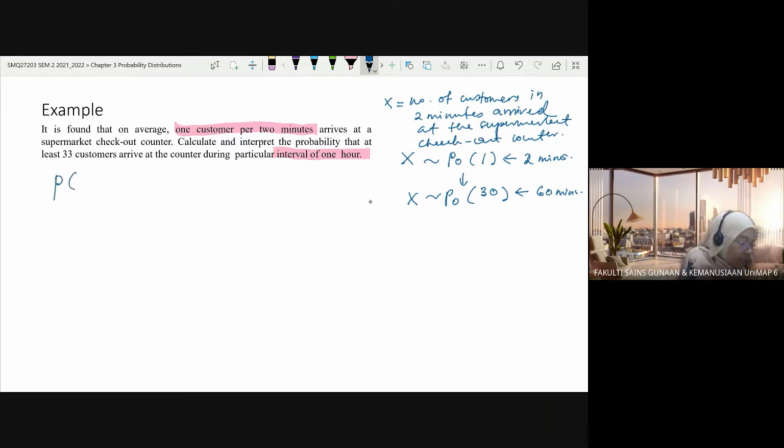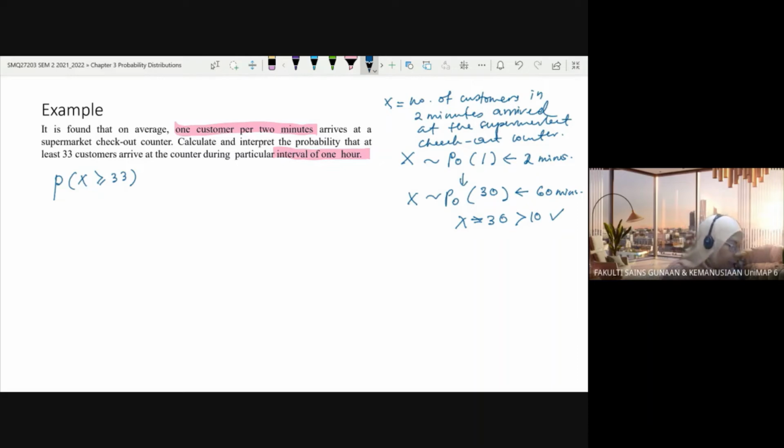So you have at least x. In this case lambda is equal to 30, which is greater than 10, so the condition is fulfilled for the normal approximation. For the given question, you have to find at least 33, so this is the probability you need to find.